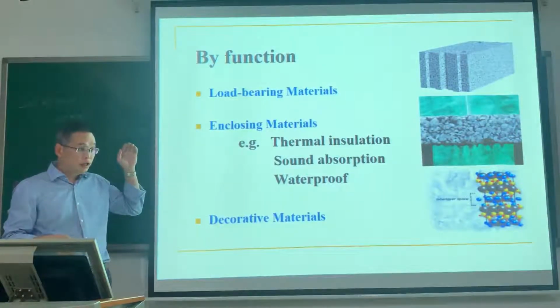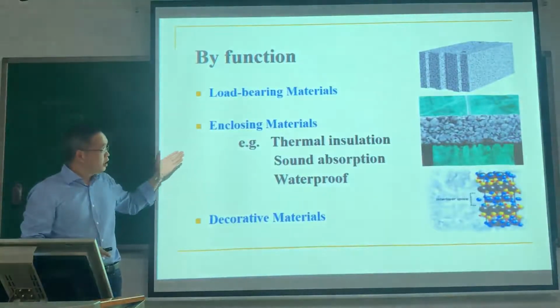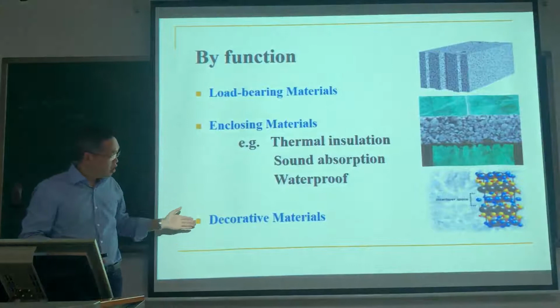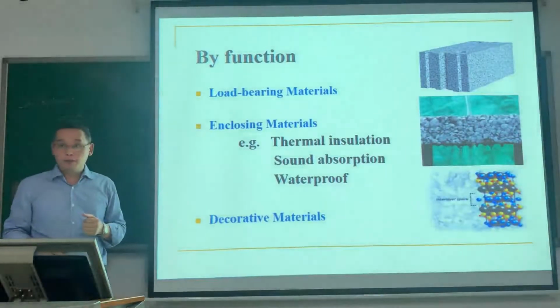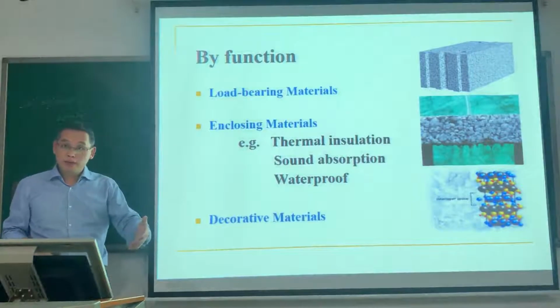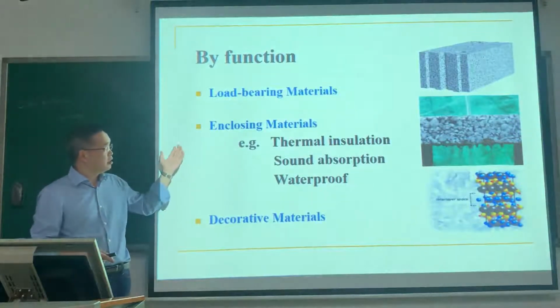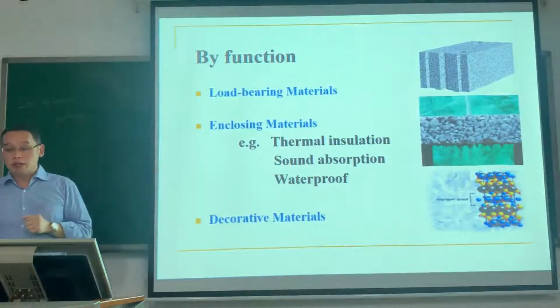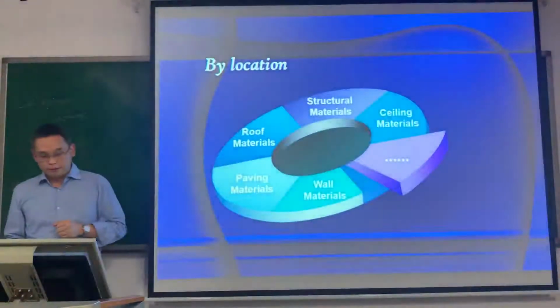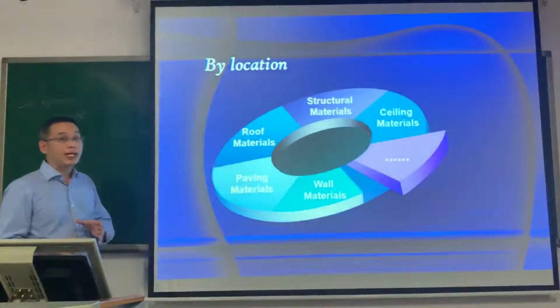And there are also enclosing materials and decorative materials, such as the tile and the painting, they all belong to the decorative materials, also enclosing materials. And by the location, there are different kinds of materials we can divide.